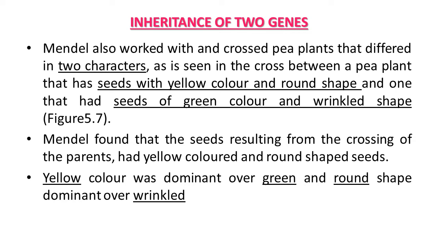Mendel found that the seeds resulting from the crossing of the parents had yellow color and round shape. Here yellow color was dominant over green and round shape is dominant over wrinkled. So seed color, yellow and green, and seed shape, round and wrinkled, are considered for the experiment.